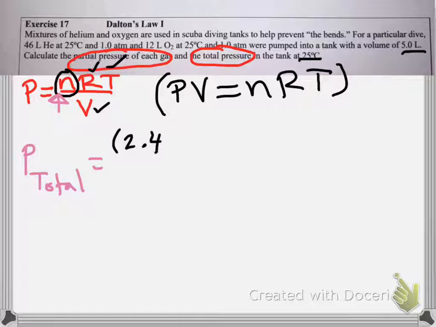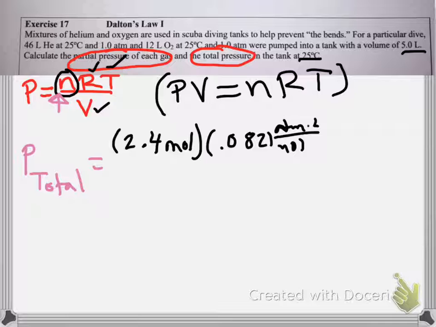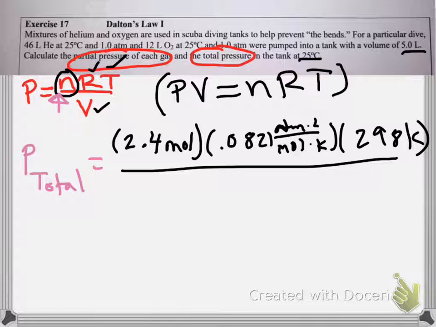So 2.4 moles of our total gas times R, which is 0.0821, and remember atm, liter divided by mole Kelvin, times our Kelvin, and again we're at 25 degrees Celsius, that's 298 K, all divided by our volume, which is 5.0 liters.